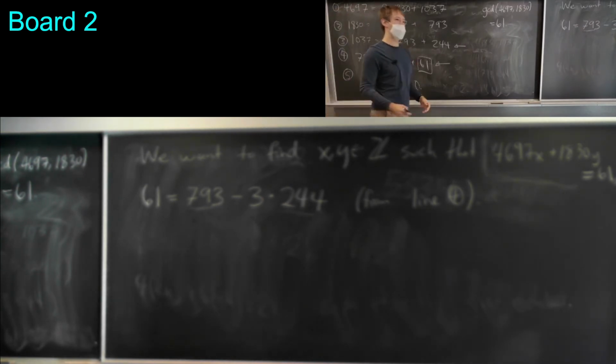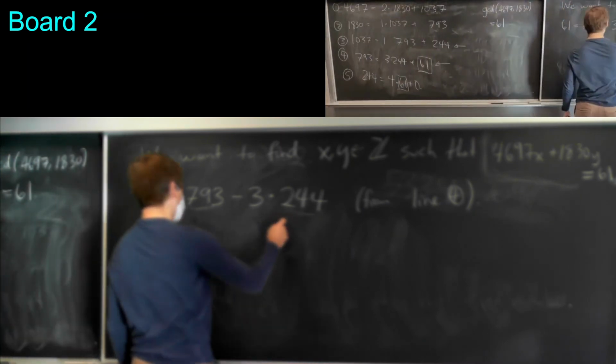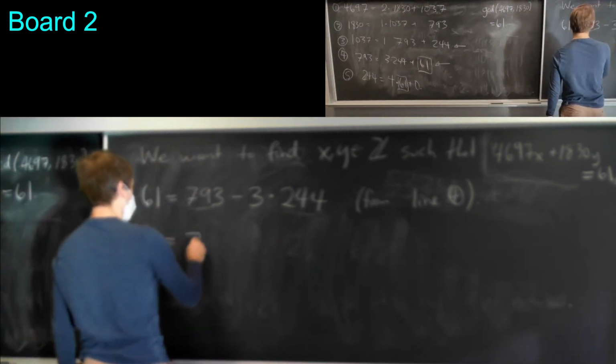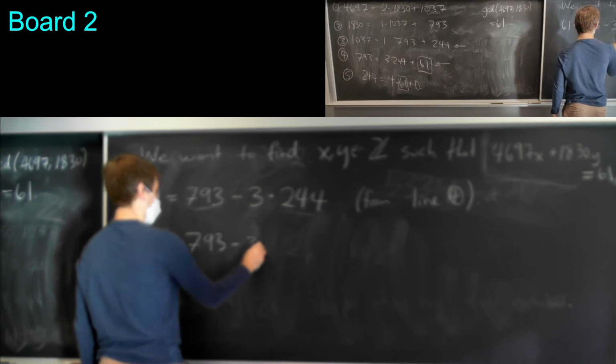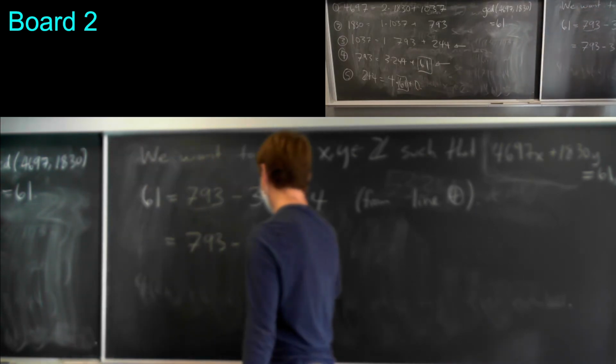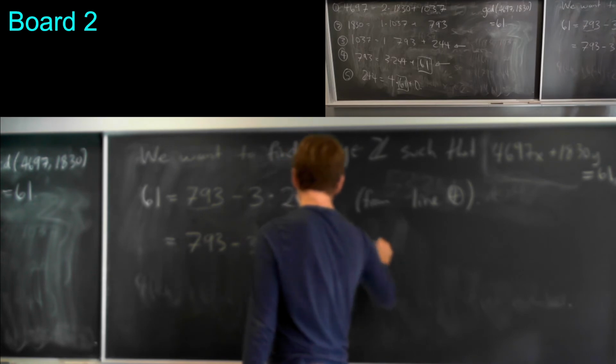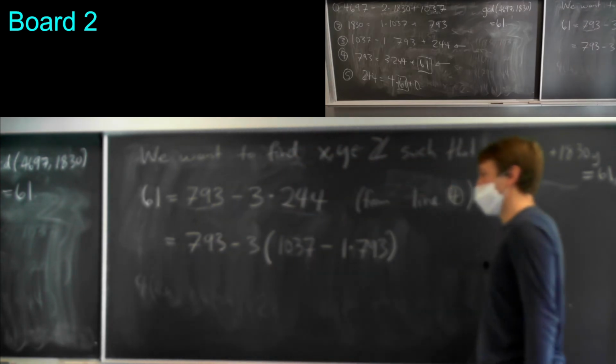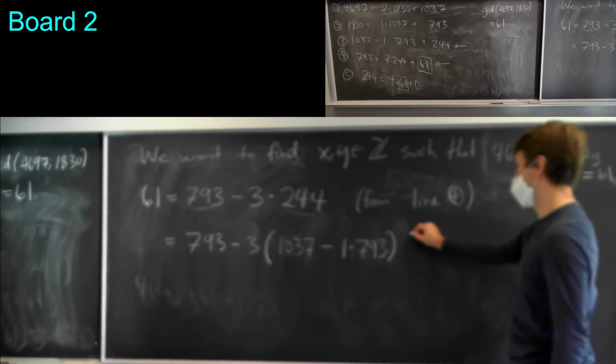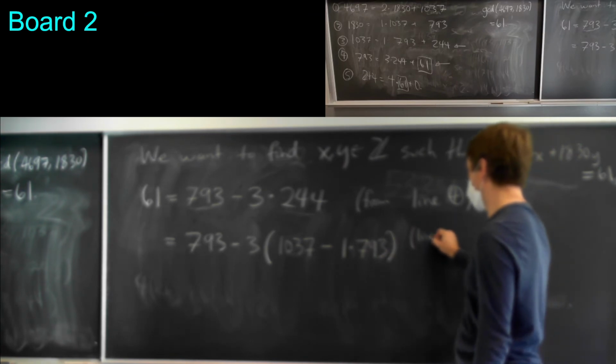So I'm going to replace this 244 with 1037 minus 1 times 793. This is from line 3.